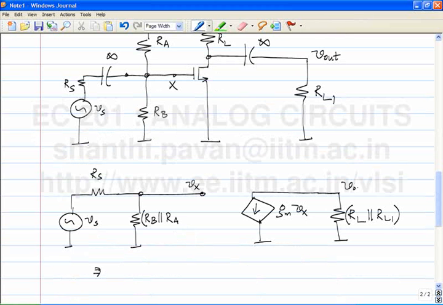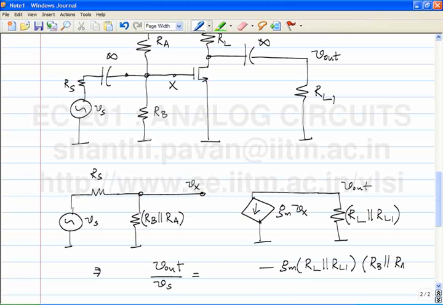This is the incremental Vout. So Vout by Vs, what is it now? Minus Gm times RL parallel RL1, times RB parallel RA, divided by RB parallel RA plus Rs.